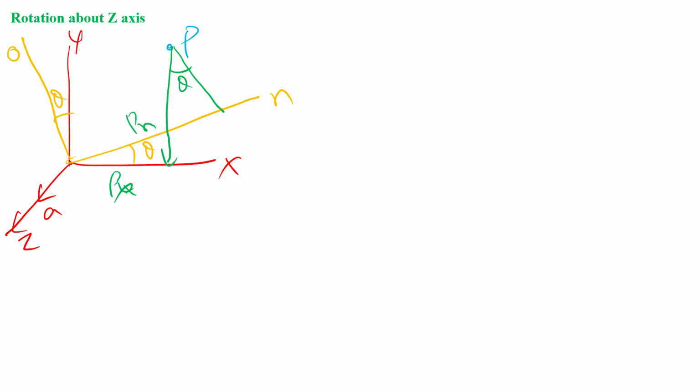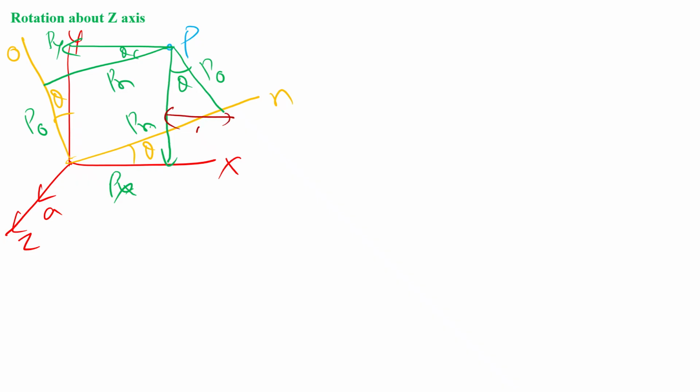Similarly, project P on the y axis. Then this entire point becomes Py. And project P on the o axis. So this becomes Po. This is also Po, this is Pn, this is also Pn. Here it is theta, here also theta. And next comes this point.